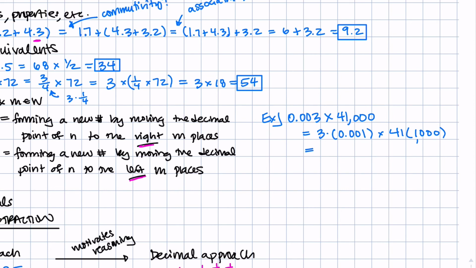So this is all multiplication, so everything's commutative and associative, right? There's not any weird distributive property that I need to worry about, because I have times, and times here. Okay, so this is the same thing as multiplying 3 times 41 by using my commutativity, and 0.001 times 1,000.